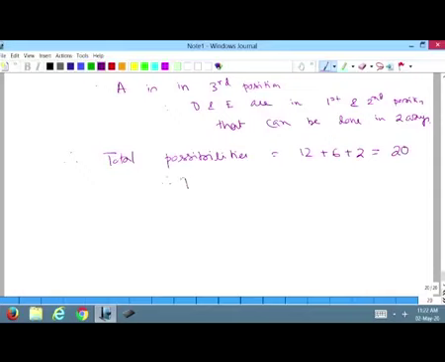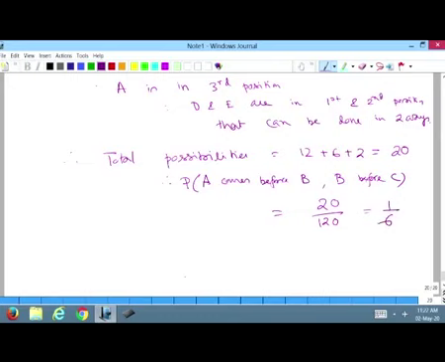Therefore, probability A comes before B and B before C is equal to 20 upon 120 is equal to 1 by 6.